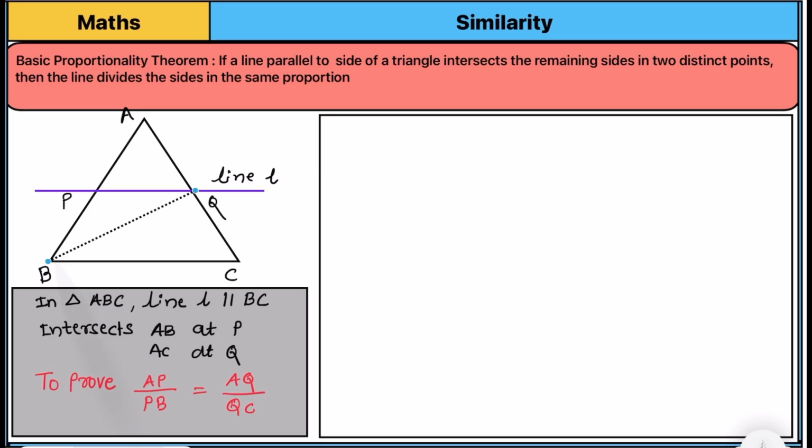To do this, let's connect point B with point Q with a straight line. What it does is, it creates two distinct triangles, triangle APQ and triangle PQB.